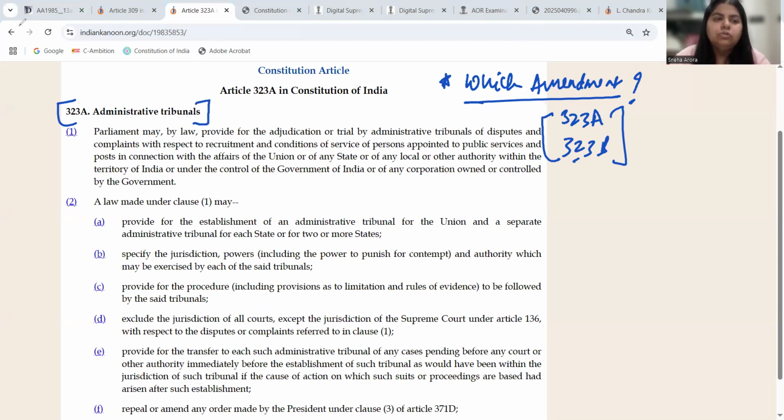Article 323A is speaking of administrative tribunals. We will quickly go through the provision first, and then it will be easier for us to come to the case law.